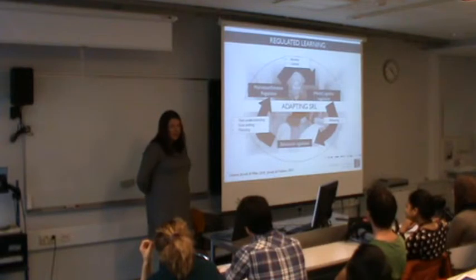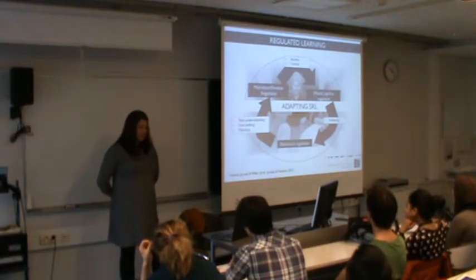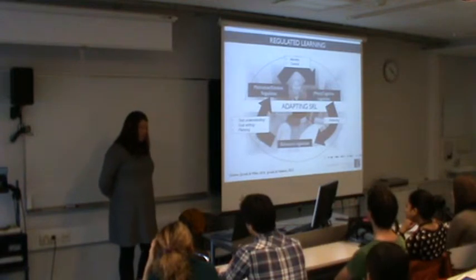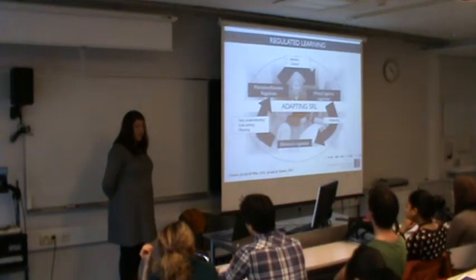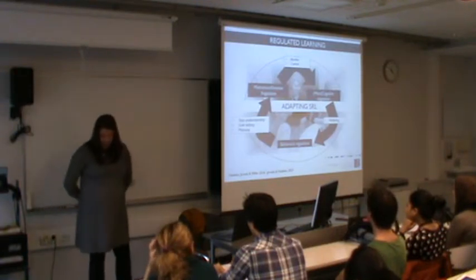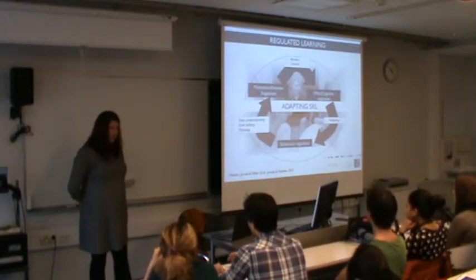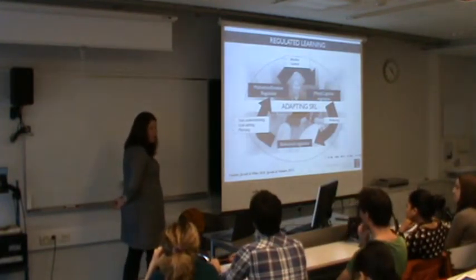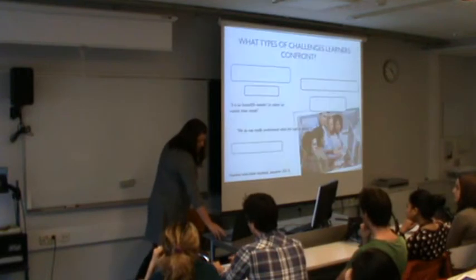But self-regulated learning is not easy. There are many different types of challenges. The learners are probably not interested in the task. The task might feel irrelevant. Or maybe the learners just don't know how to approach different tasks.